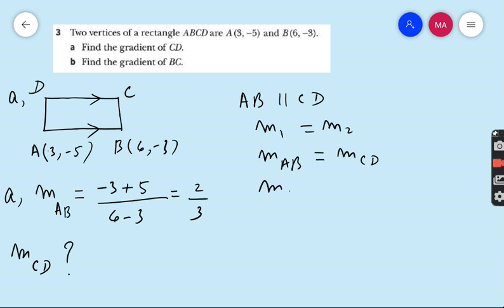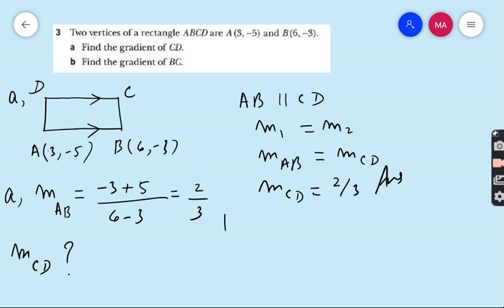So the gradient of CD should be the gradient of AB, which we have already found, 2 upon 3. Okay, no need to show these kinds of steps. I am just telling you the concept of parallel lines.